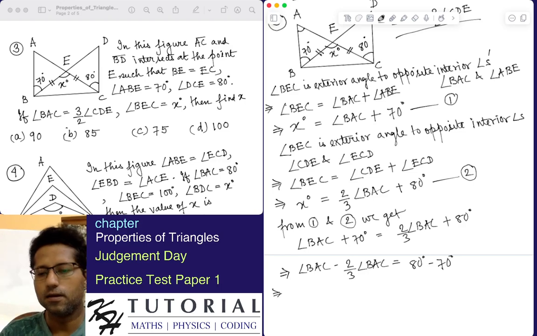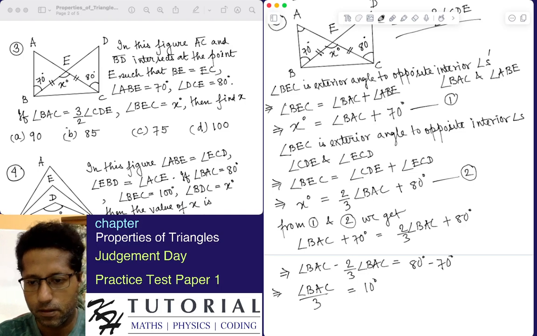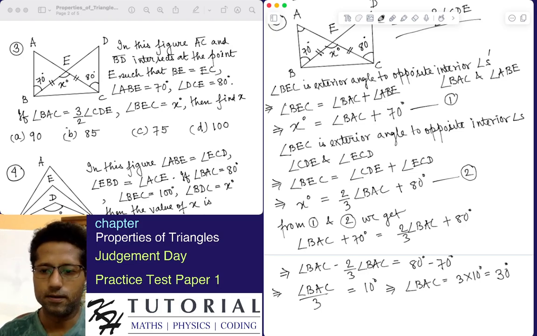If we simplify the left hand terms, we get angle BAC by 3 equals 10 degrees. So angle BAC is equal to 3 into 10 degrees, that is 30 degrees. So angle BAC is 30 degrees.